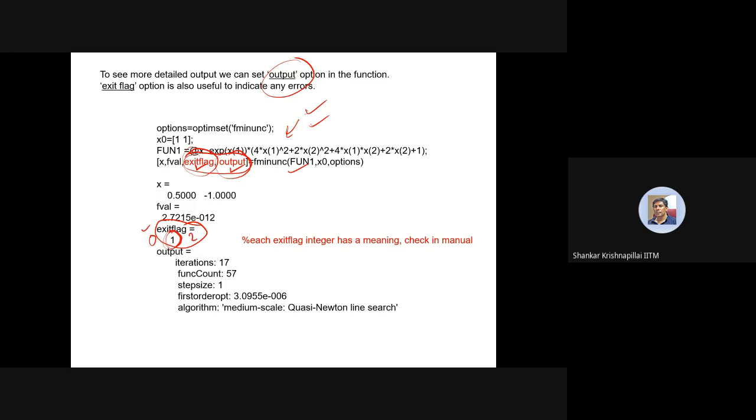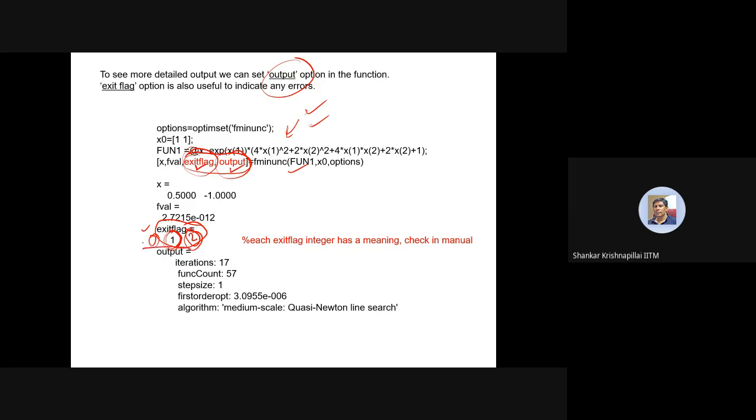And exit flag 2 may mean that it did not converge properly, but some sort of convergence is there. So the meaning of the exit flag integer has to be checked with the help command for that particular subroutine, and you can understand whether the solution has converged correctly or not.